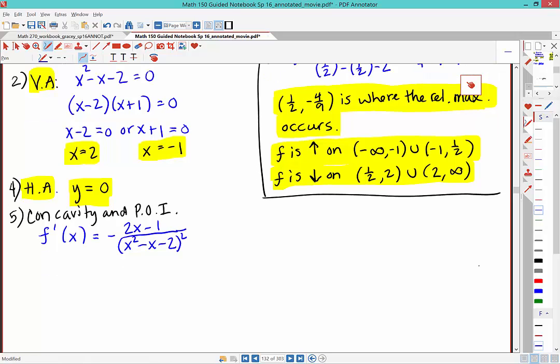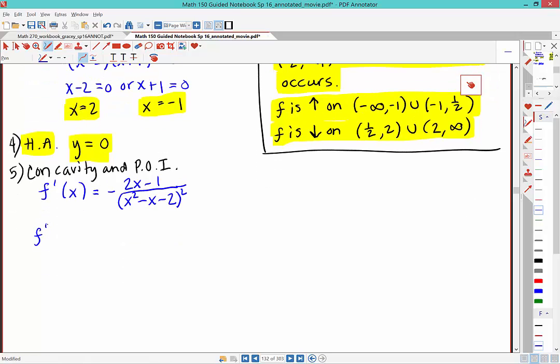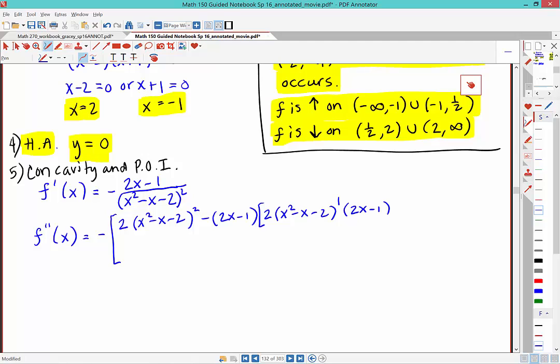So now we need the second derivative. So f double prime at x, I'm going to use the quotient rule. So we'll have 2, the derivative of the numerator, times x squared minus x minus 2, the quantity squared, minus the quantity 2x minus 1 times 2 times x squared minus x minus 2 to the 1 power, and then times 2x minus 1.